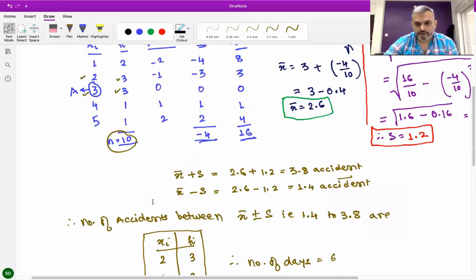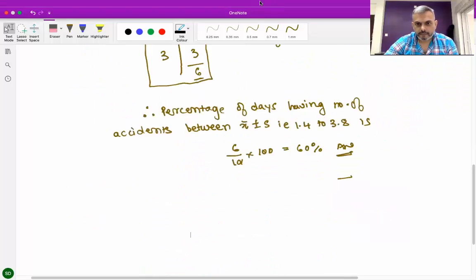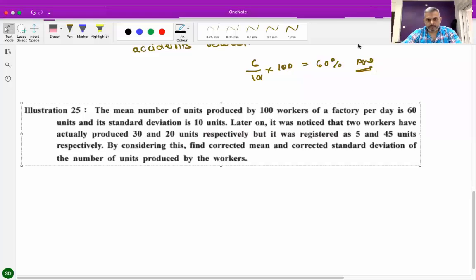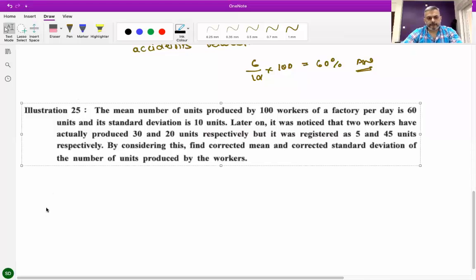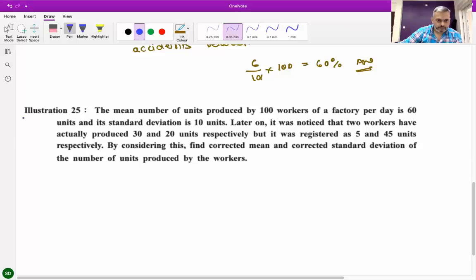If you have any doubts, mark this sum, illustration 25, extremely important for your exam. Page number 157. Very likely to come in your exam.